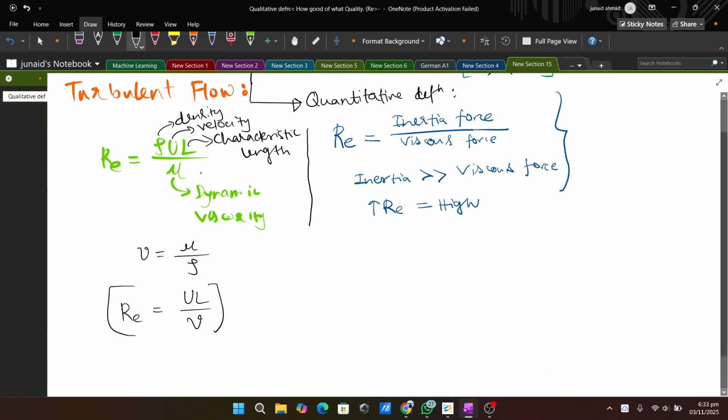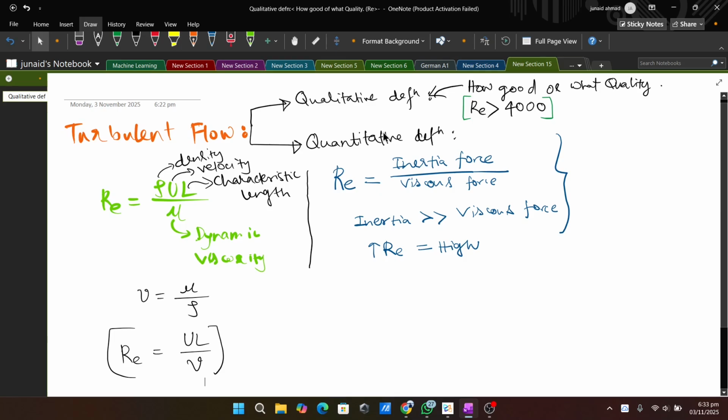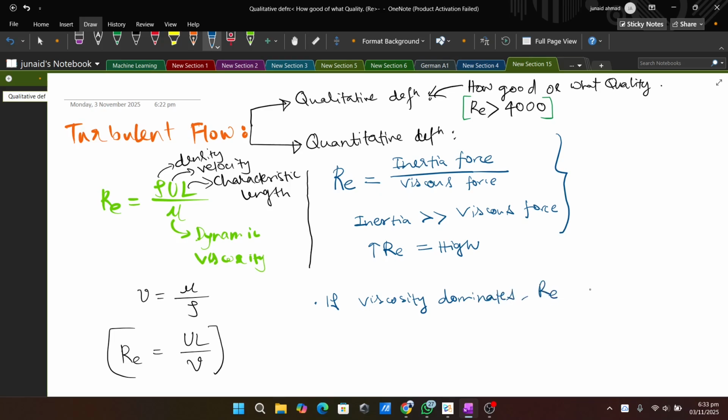From here we can have some observations. If viscosity dominates, Re is less. Right from this equation we can see that if viscosity dominates, the Reynolds number is basically less, right?